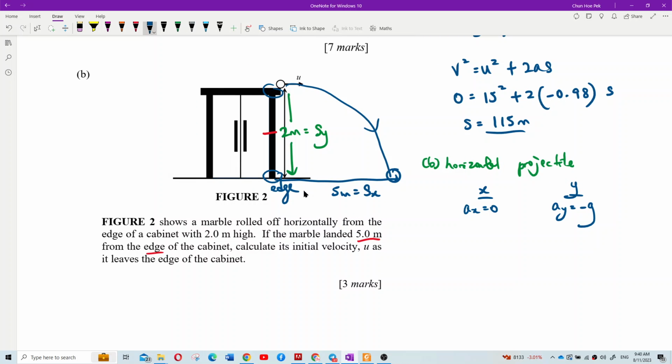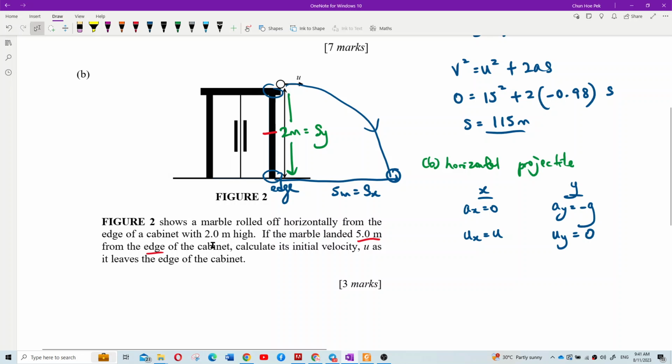Horizontal projectile, ux is u itself. Uy is 0. Do you know, class? Ux is u itself. Uy is 0. Okay, Uy is zero.